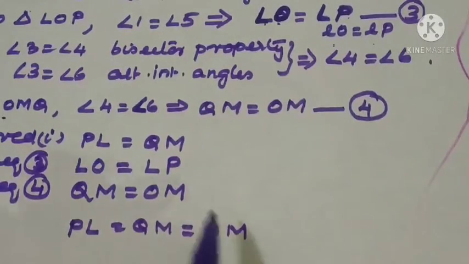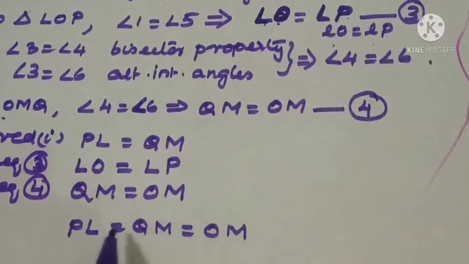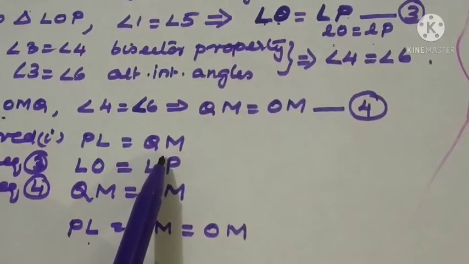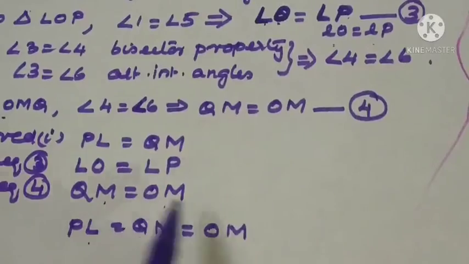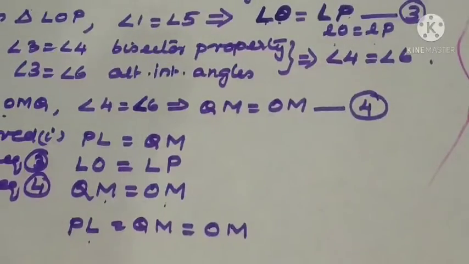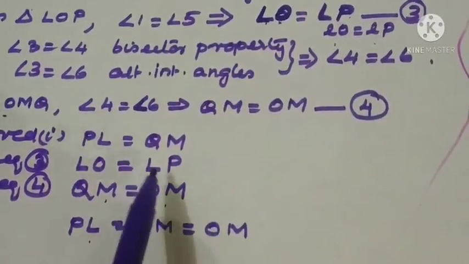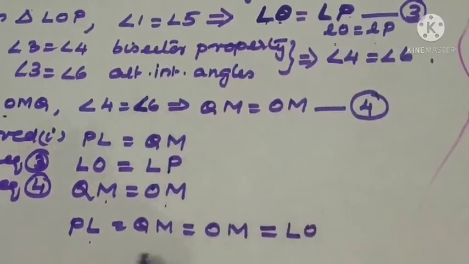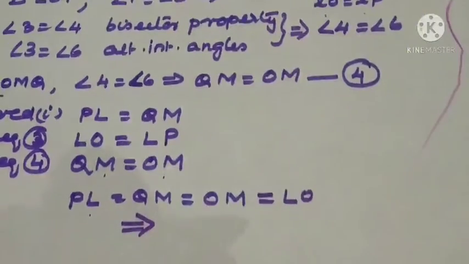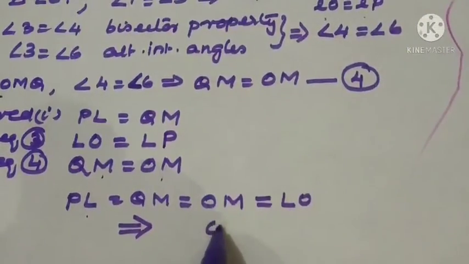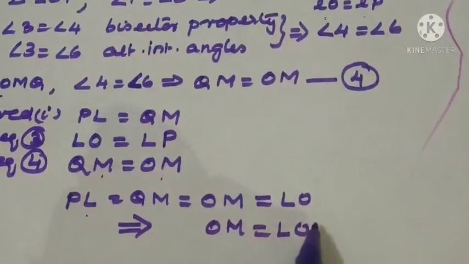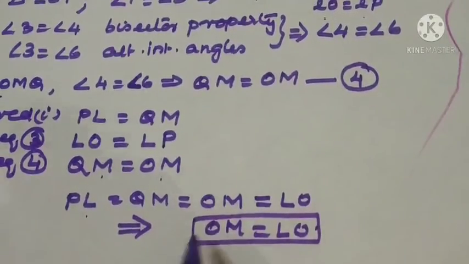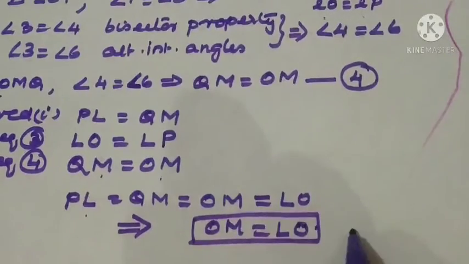So we got here PL and OM are equal, right? Now PL and QM are also equal and QM and OM are also equal. So what is the conclusion from this? Now PL is also equal to LO. Implies what we want, that much only we should write now. LO equal to OM. So what we got? Proved 2.